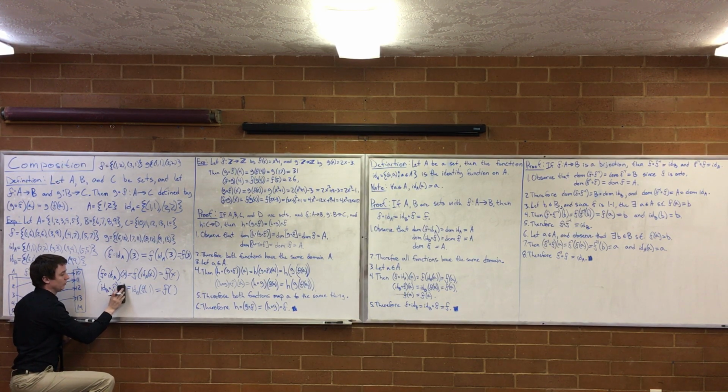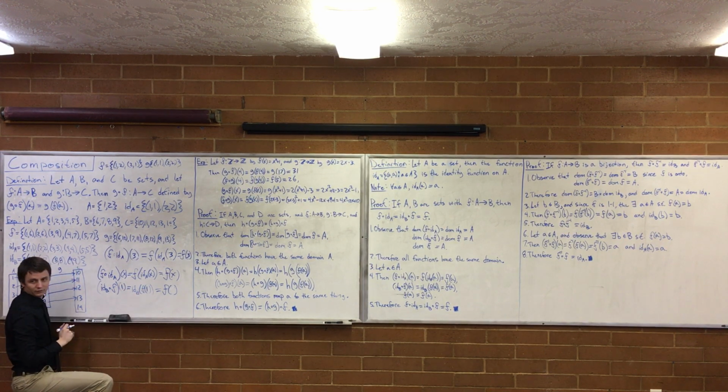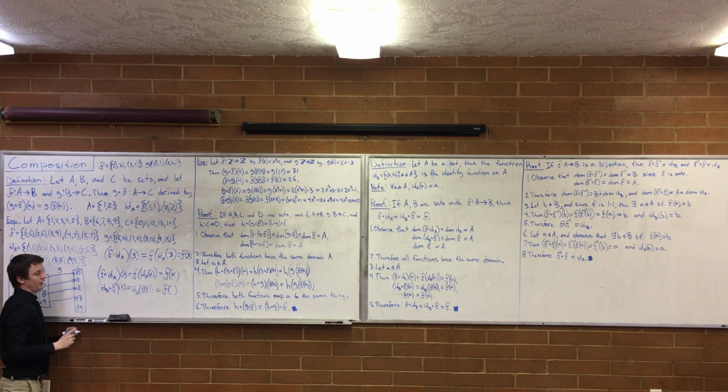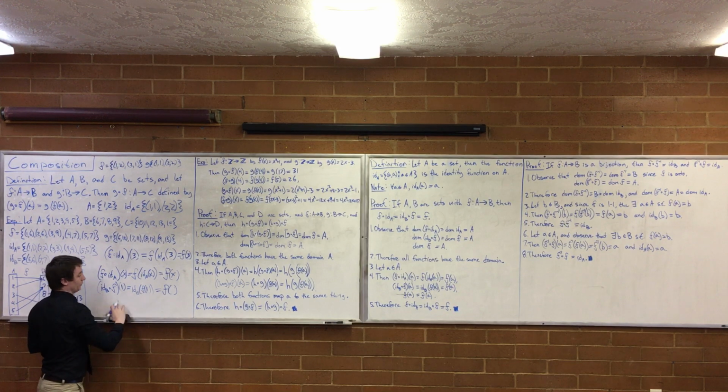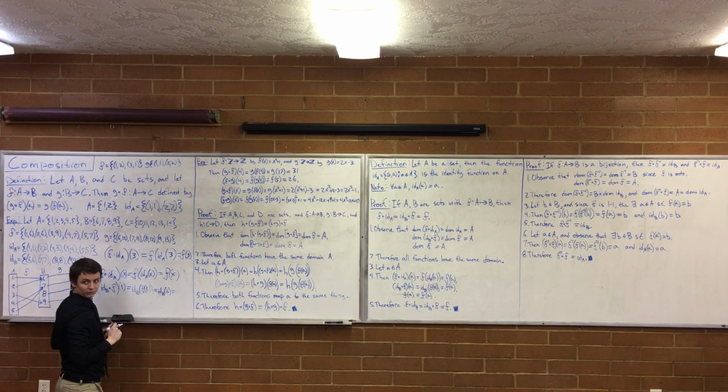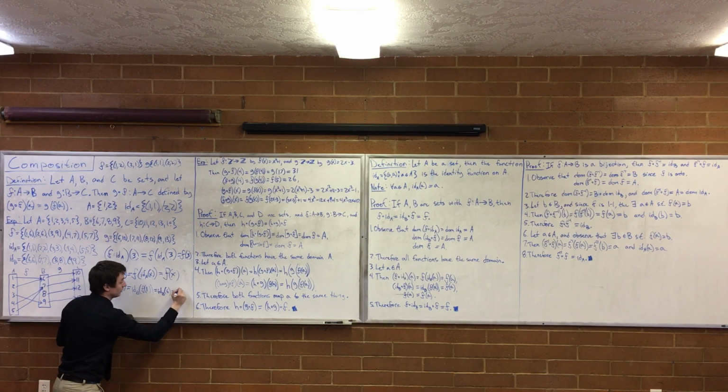Now let's try f of 1. So we plug in 1 there. What's f of 1? 6. Well, I guess we don't really care what f of 1 is. The point is, actually, let's do it. So then this is equal to the identity on B of 6, which is 6. Which is the same thing as f of 1.